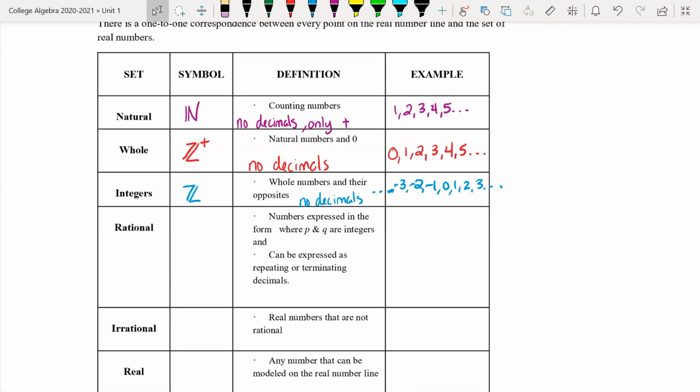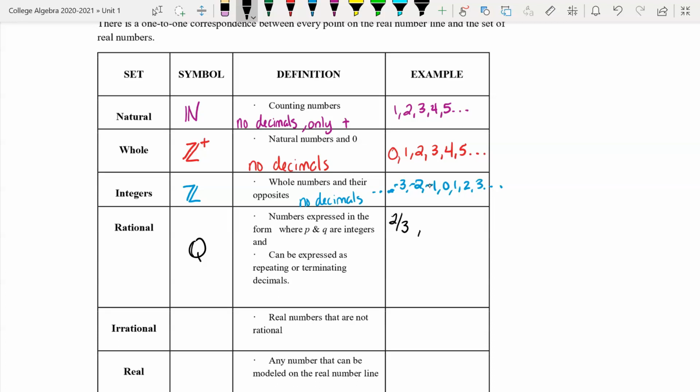The next thing is going to be rational numbers. Their symbol is a Q. It's kind of the weird one. It's numbers expressed in the form p/q where p and q are integers. It can be expressed as repeating or terminating decimals. So some examples, there's a bunch out there, but I'm just going to give you a few. 2/3, right? That's a fraction.